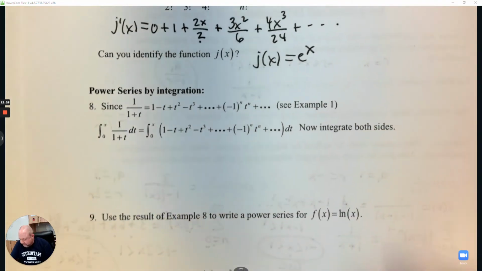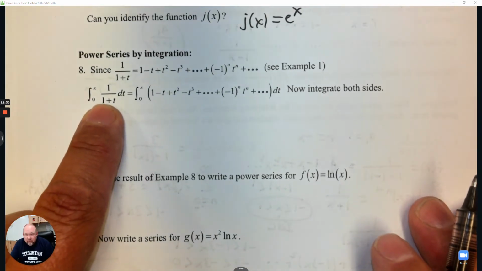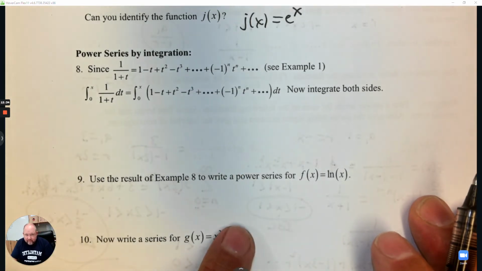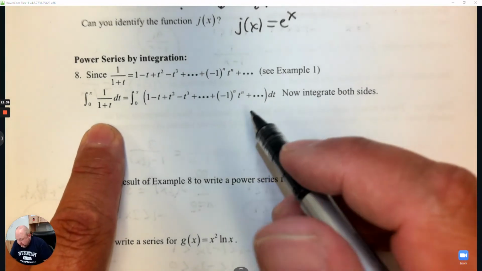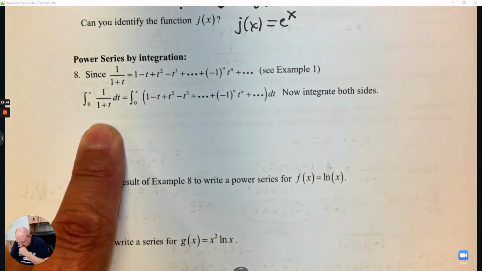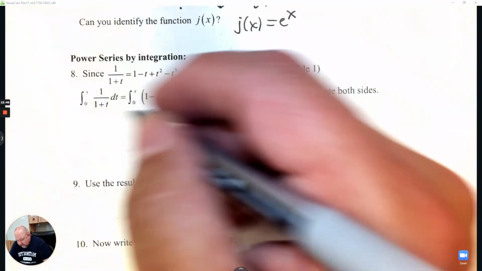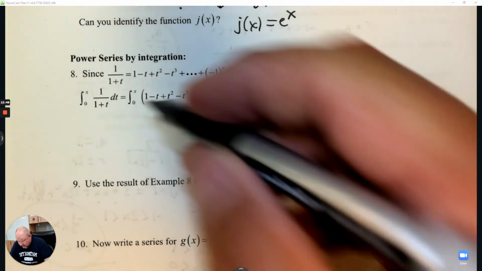Number 8. Since 1 over 1 plus t is this alternating power series, integrate from 0 to x. So the integration of a fraction is a logarithm.